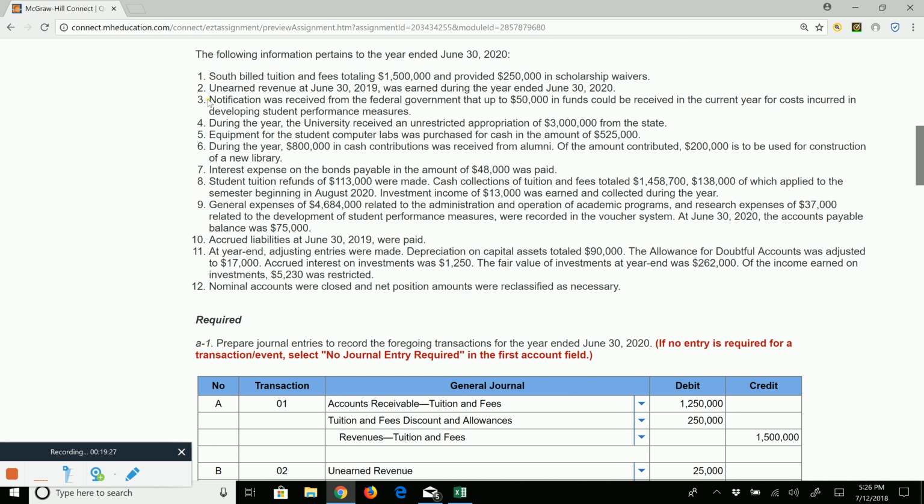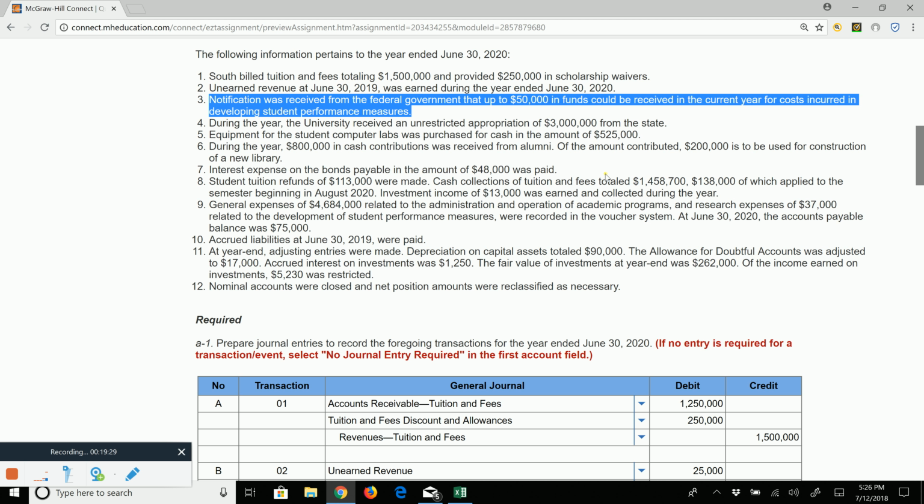Number 3, notification was received from the federal government that up to $50,000 in funds could be received in the current year for cost incurred in developing student performance measures.